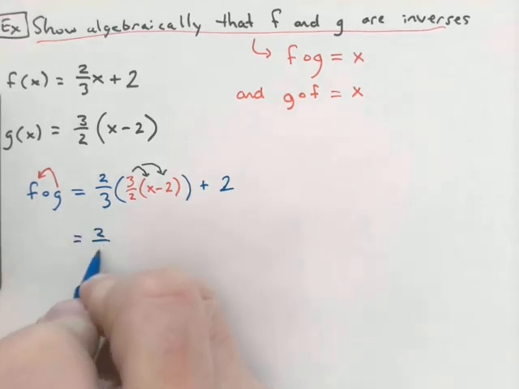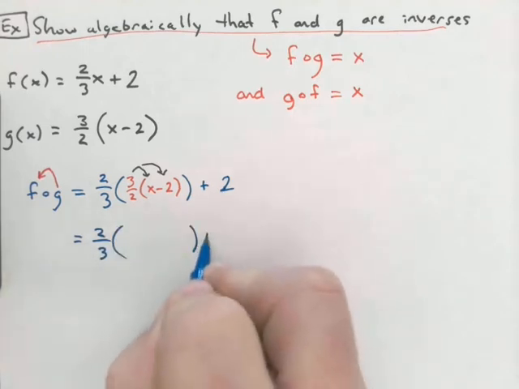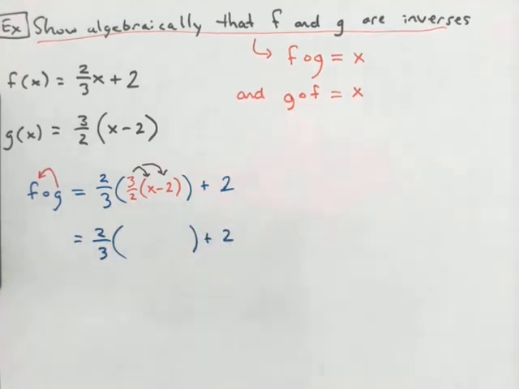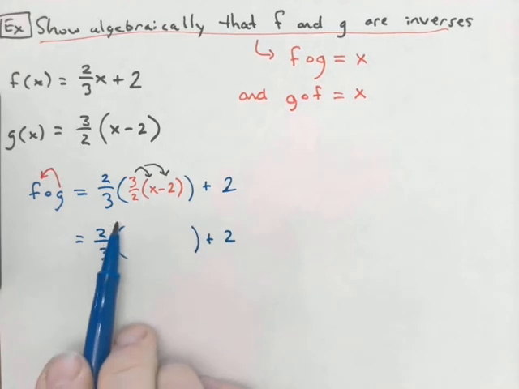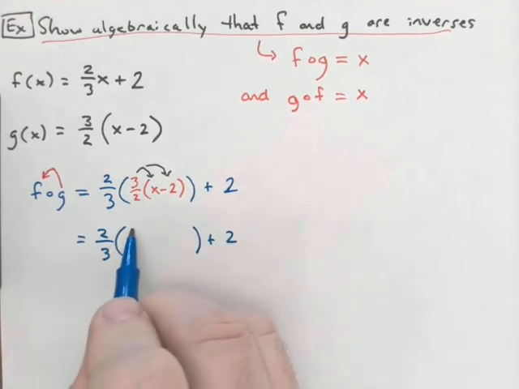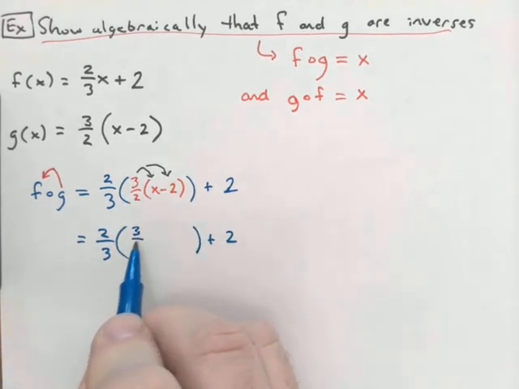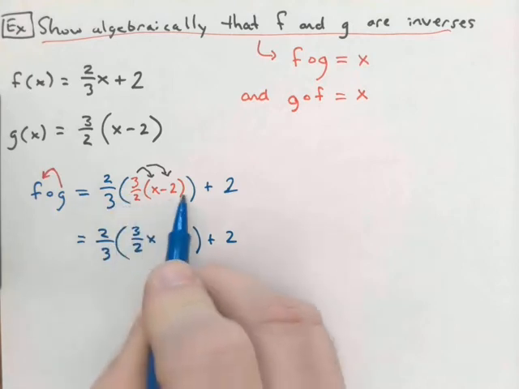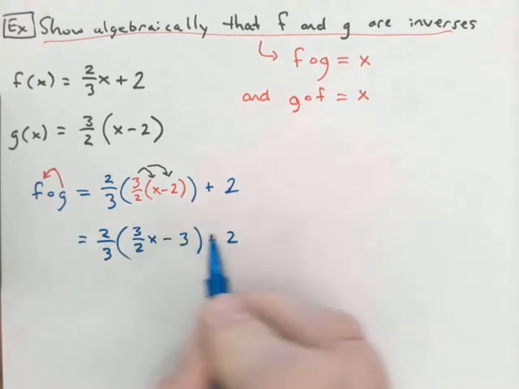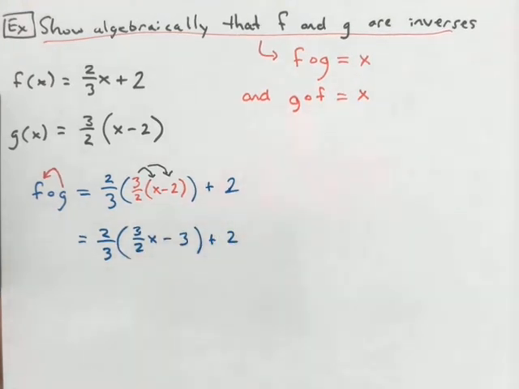That would still leave me with this 2/3 in front, still leave me with the plus 2 in the end, but simplifying what's inside of here, 3/2 times x is 3/2 x. And 3/2 times a negative 2 is a minus 3. The innermost set of parentheses are gone.